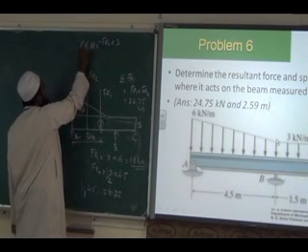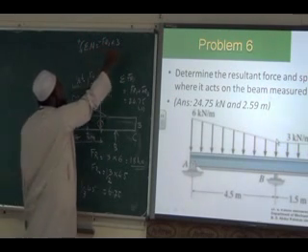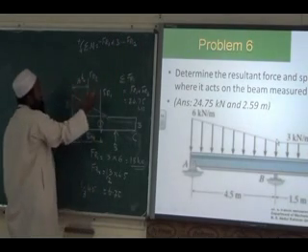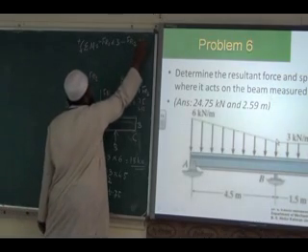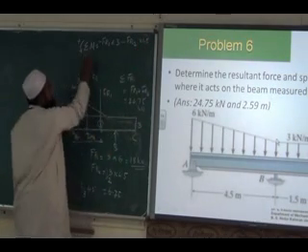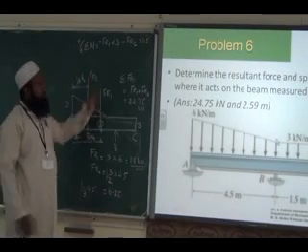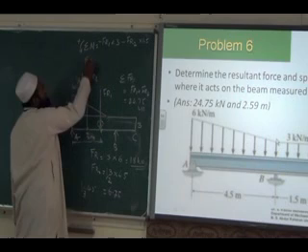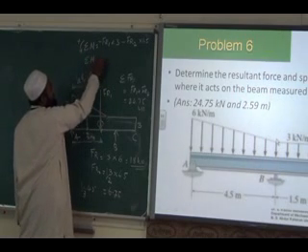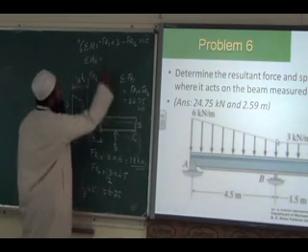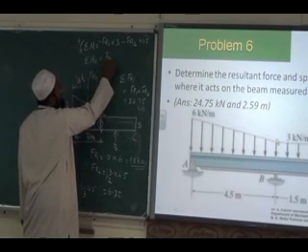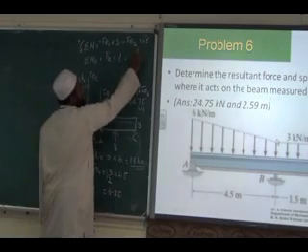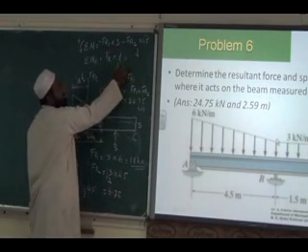We use this convention: counterclockwise positive. This is also in clockwise direction, so FR2 times 1.5. This will be equivalent to the total moment, sigma M about A. Moment about A is FR times D, so this is equivalent to this value. You can find out the D distance.